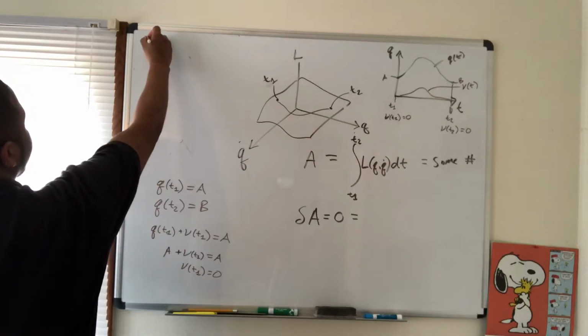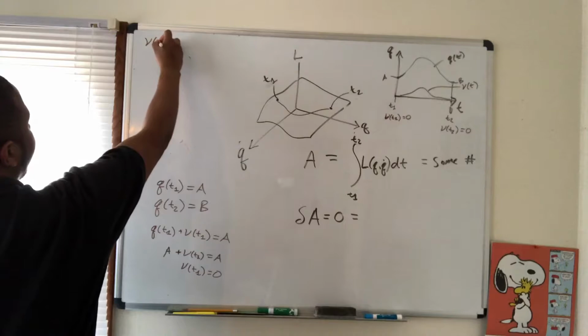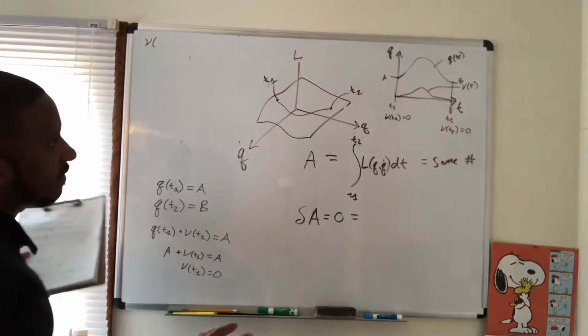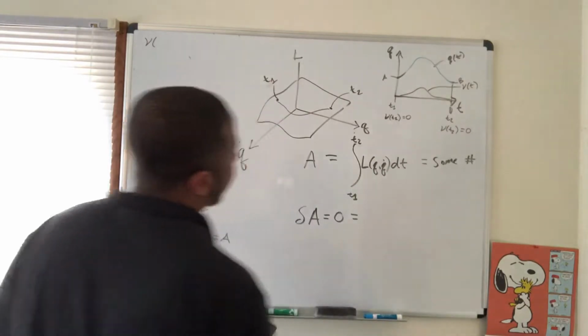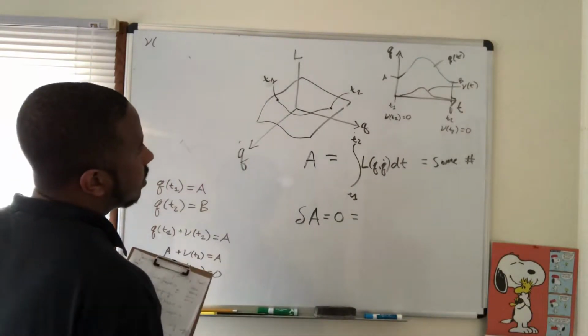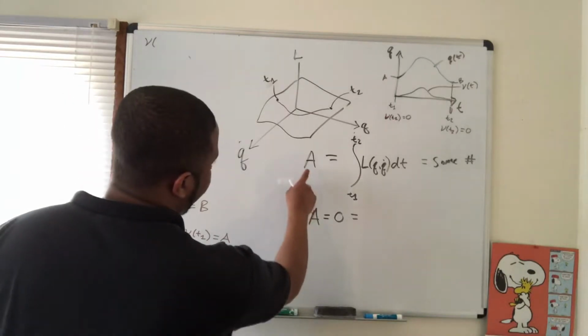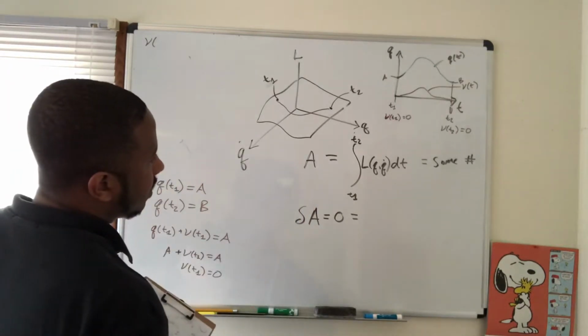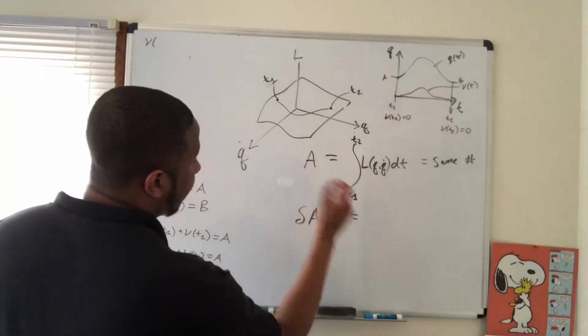So I will say up here, once again, v, what is v? V is this second function that we're adding to q, which we're using to see what happens to the action.